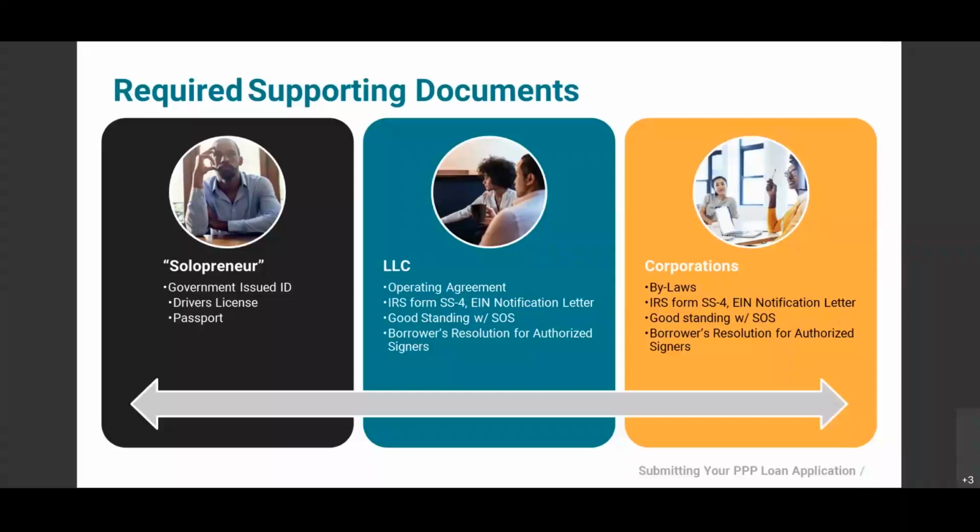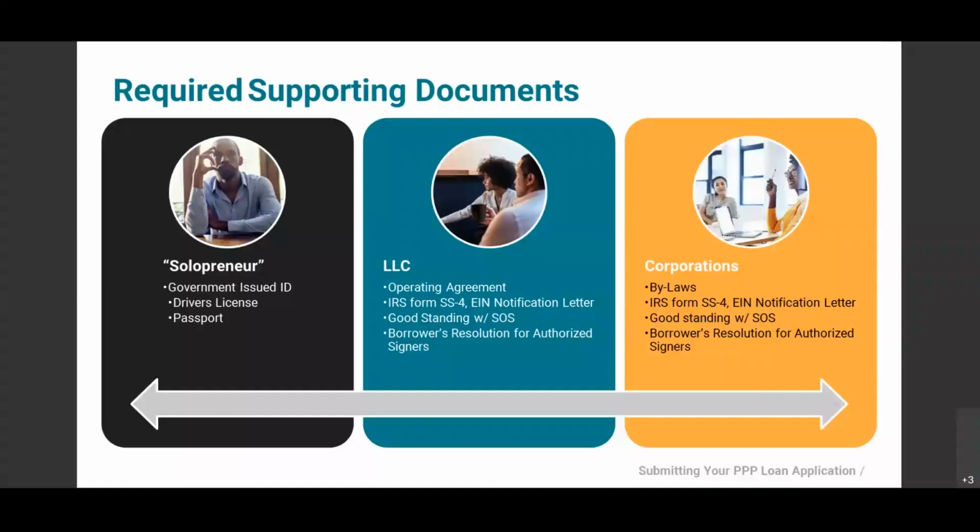And then finally, there's what's called the borrower's resolutions for authorized signer. Once we've approved your loan, we will issue you a promissory note, and we need to know who's authorized to sign that promissory note. This borrower resolutions gives us the person who's authorized to do such.